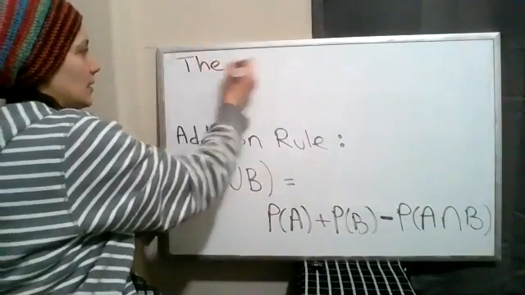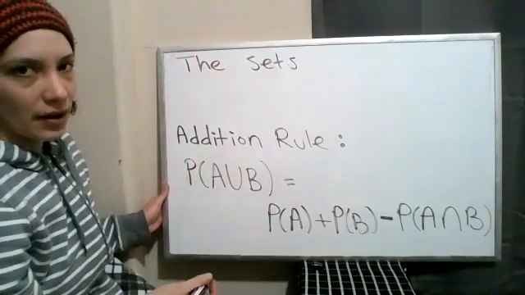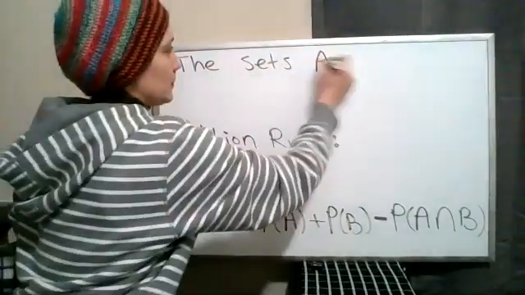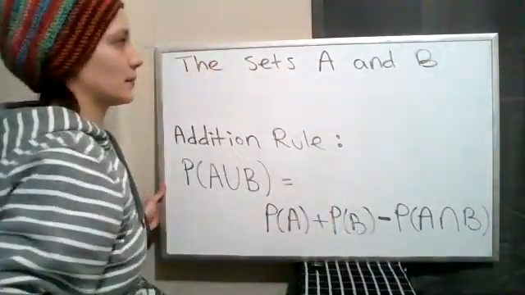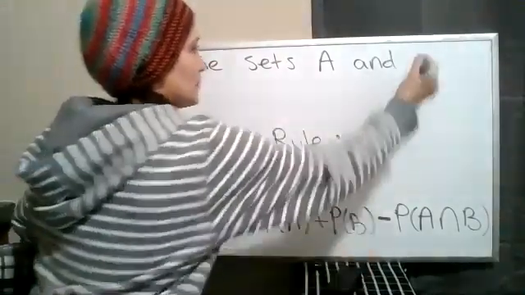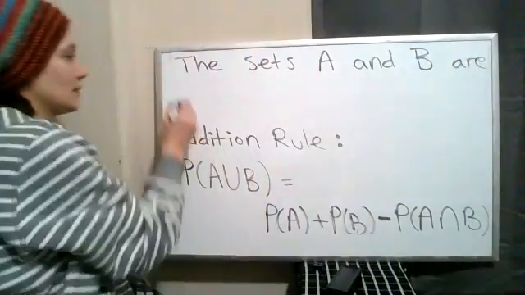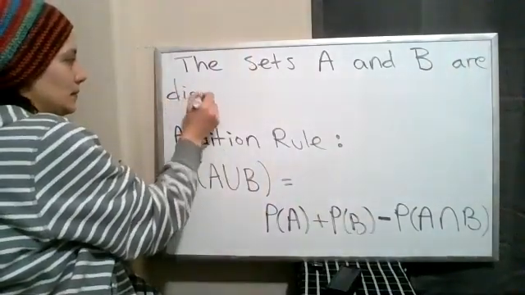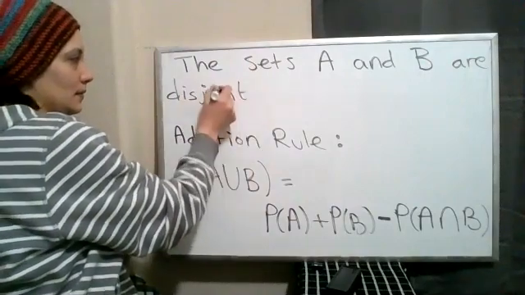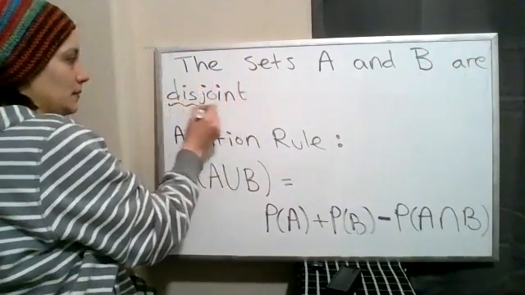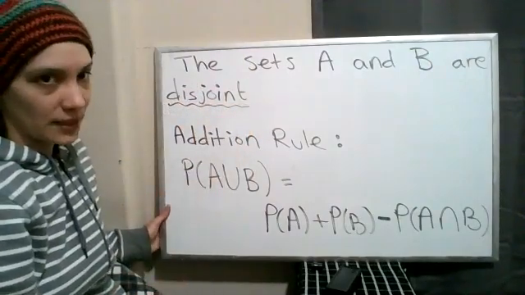The sets A and B are disjoint if they share no common elements.